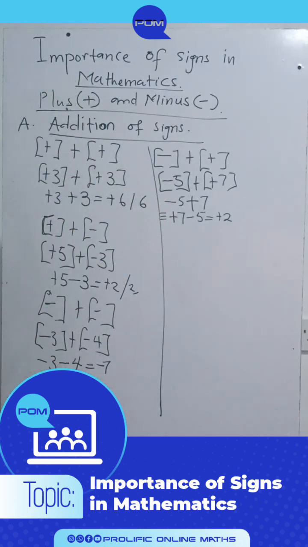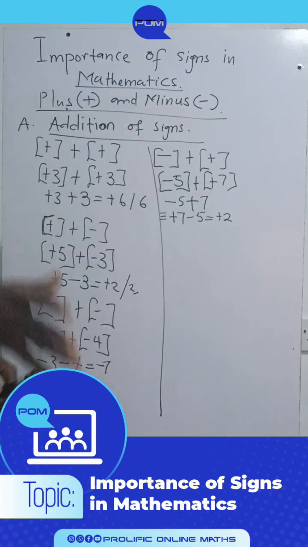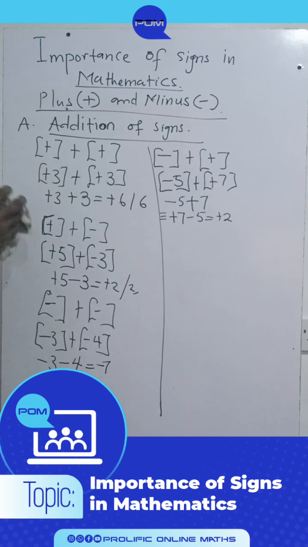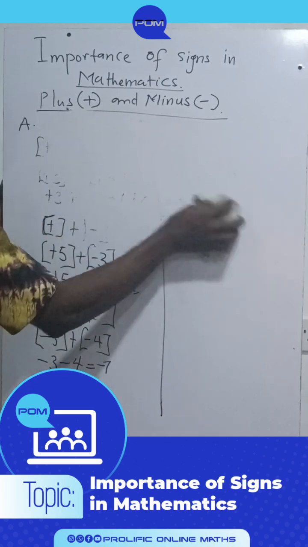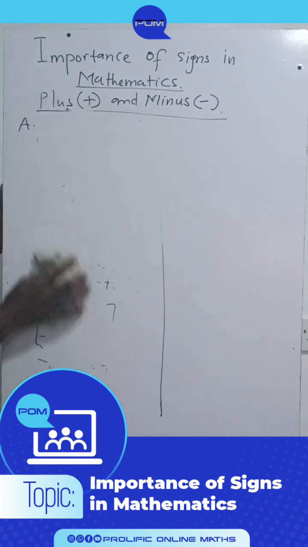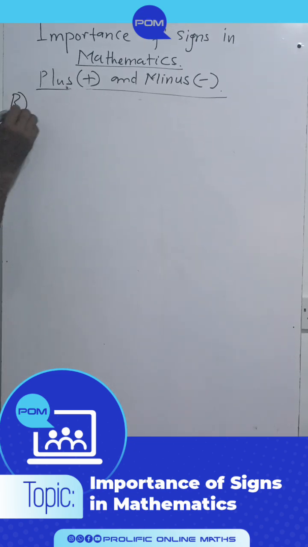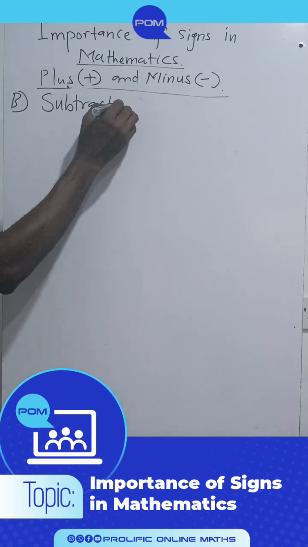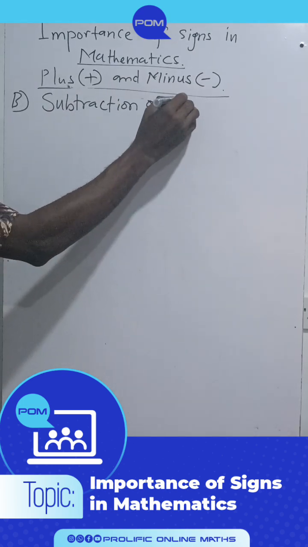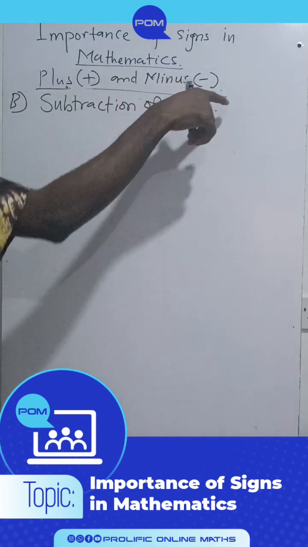Let's move on. That is on sign. We are still going to treat other ones on addition, but because of our time, let's move to the second part, which is subtraction of signs, plus and minus sign.